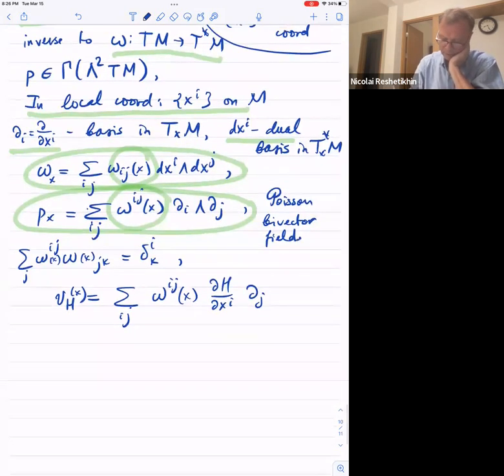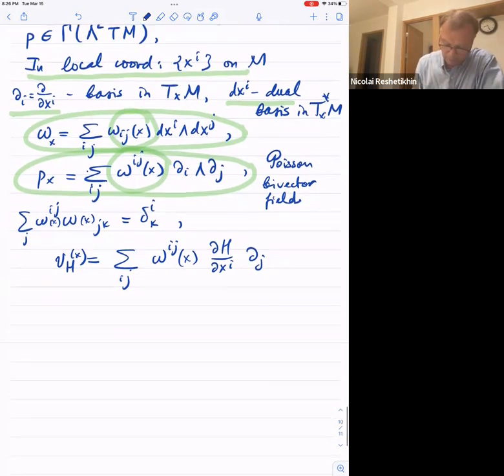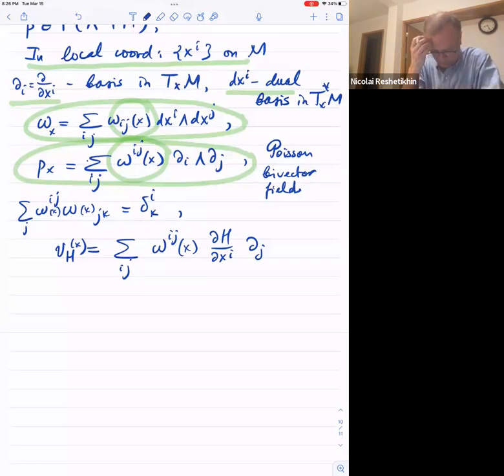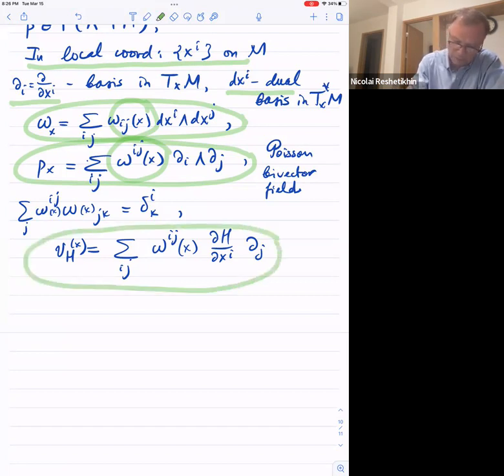We already had the notion of a Poisson bracket on R^N. So we will have it now on any symplectic manifold. And now in local coordinates, our vector field, Hamiltonian vector field, can be written in this way.